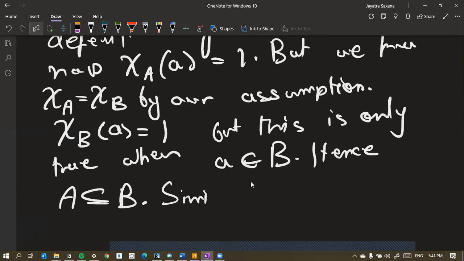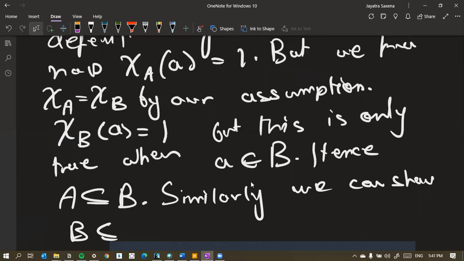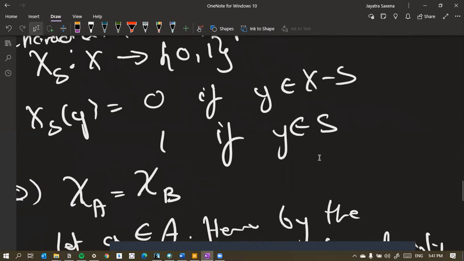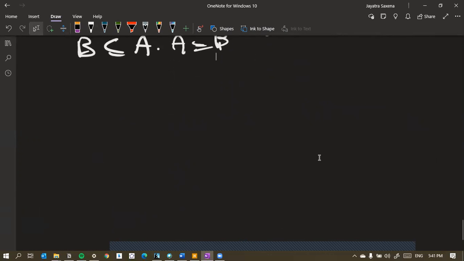So similarly, we can show B is a subset of A. And what does this mean? This means that A is equal to B. So we're done with one direction of our theorem.